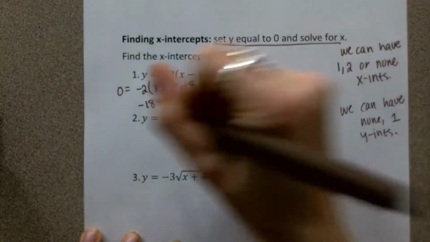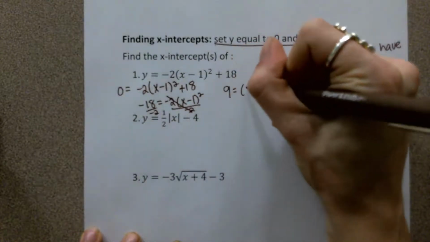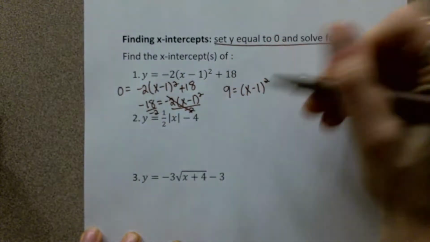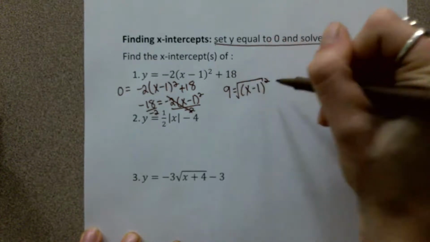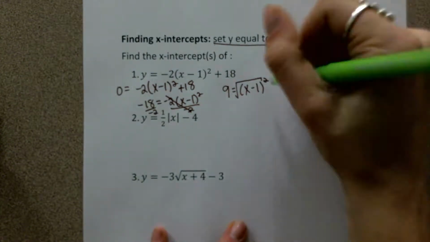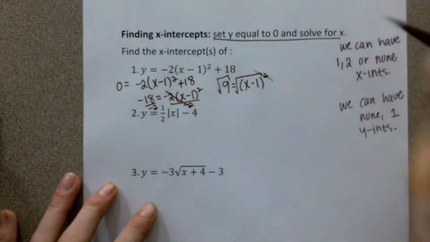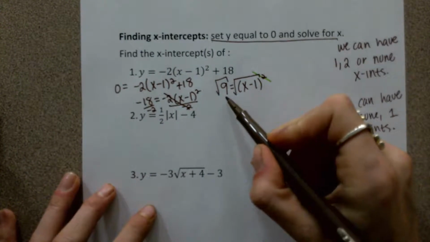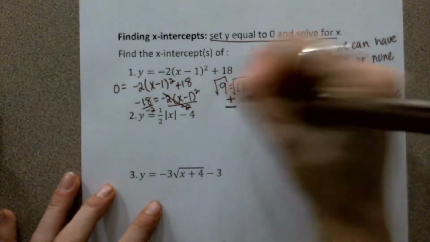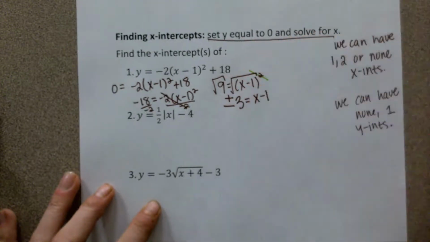So we'll have positive 9 equal to x minus 1 squared. We want to take the square root to cancel our squared. Okay, so what we do to one side, we have to do to the other. The square root of a number is plus and minus that number, so in this case 3.